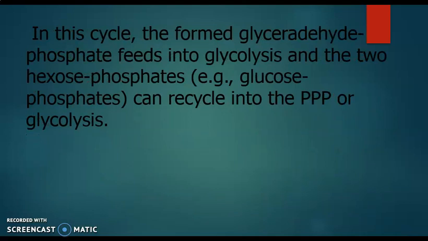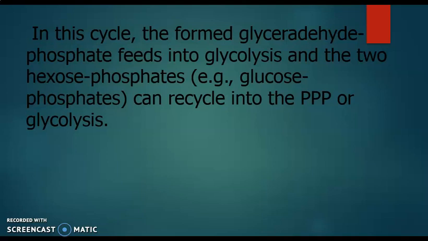And in this cycle, the formed glyceraldehyde phosphate may feed into glycolysis. So, the product which is formed, that is glyceraldehyde 3-phosphate formed during this PPP, can directly enter the glycolysis to continue as glycolysis. And also, the 2 hexose phosphates are formed.